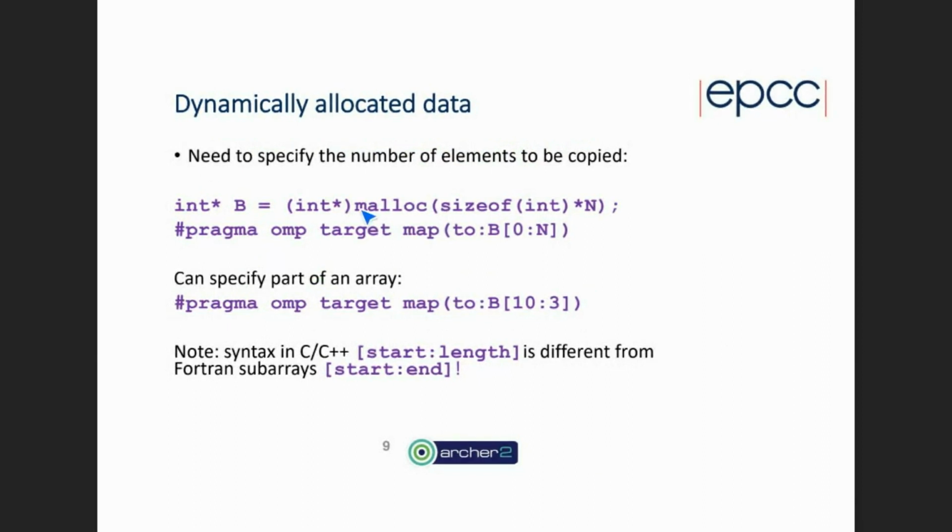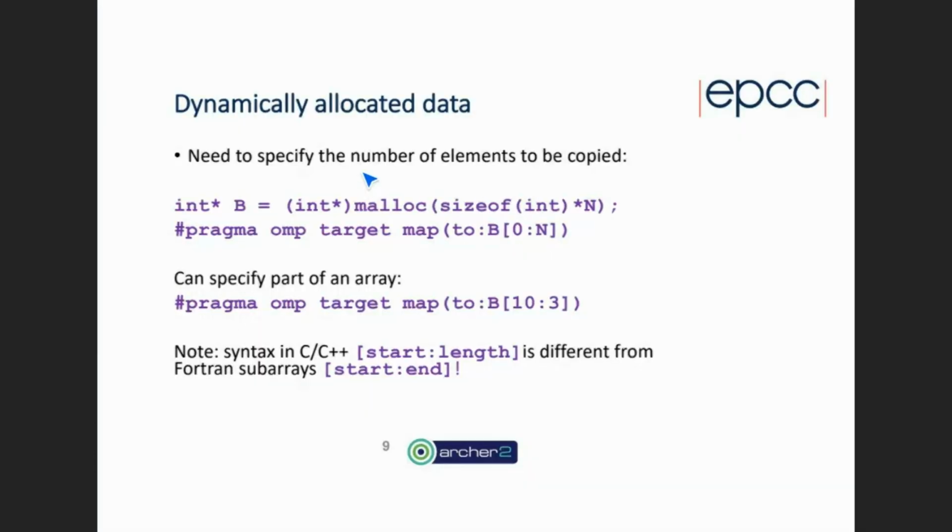Okay, so for dynamically allocated data, it's basically like we've seen before. We need to use this subarray syntax in order to specify the number of elements to be copied.